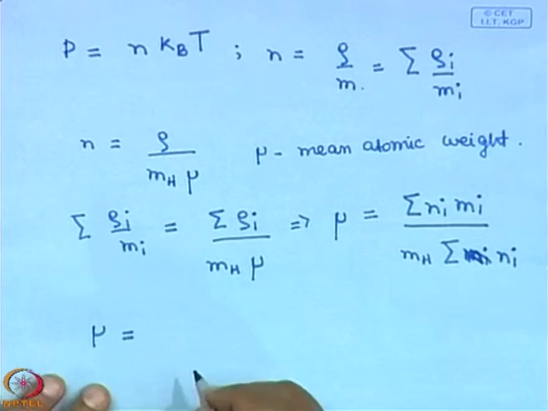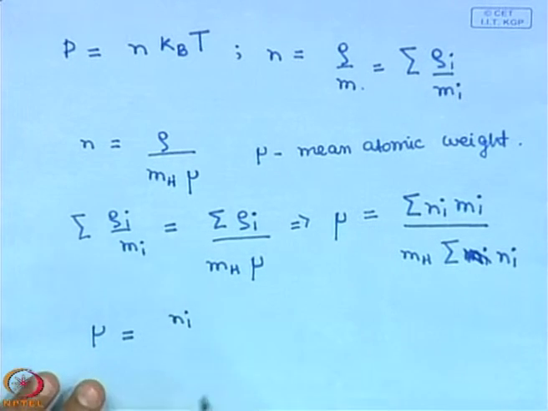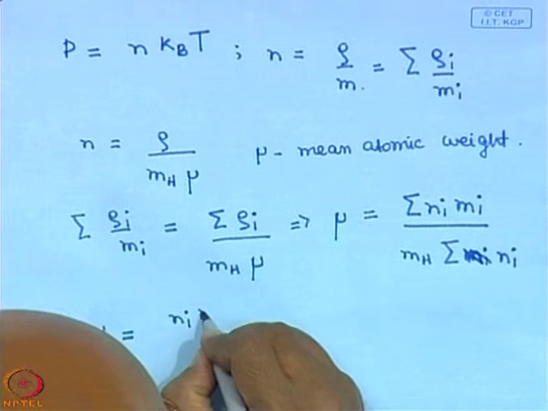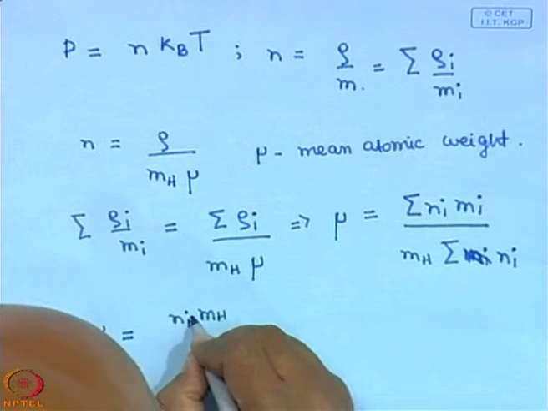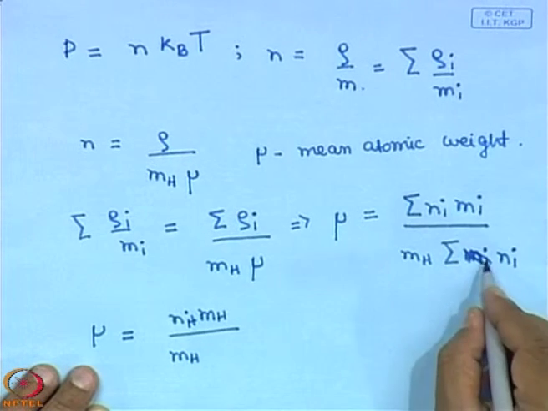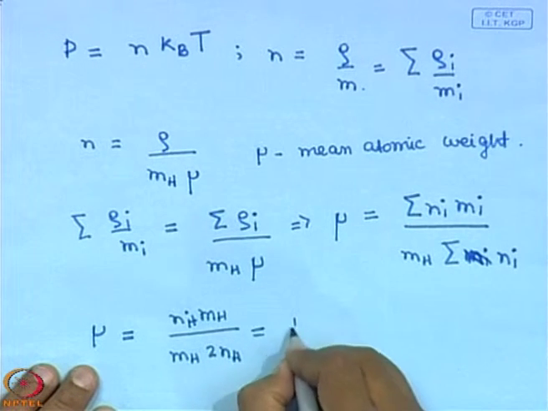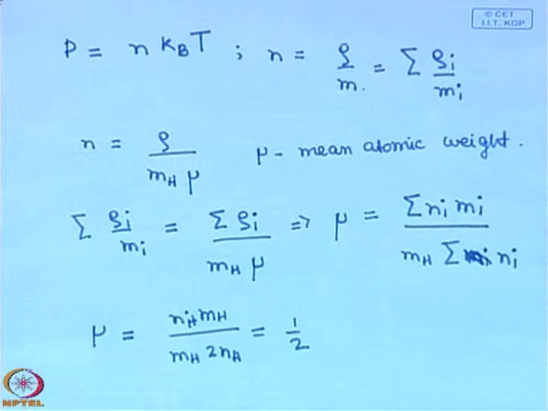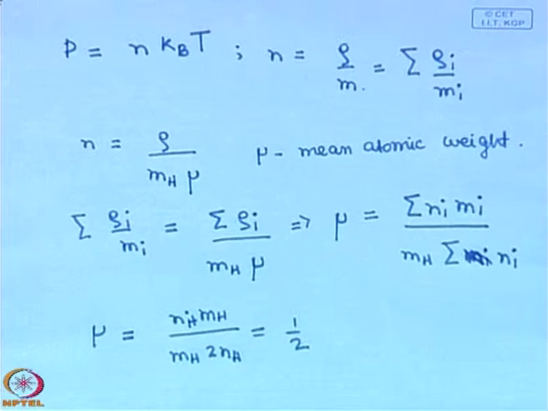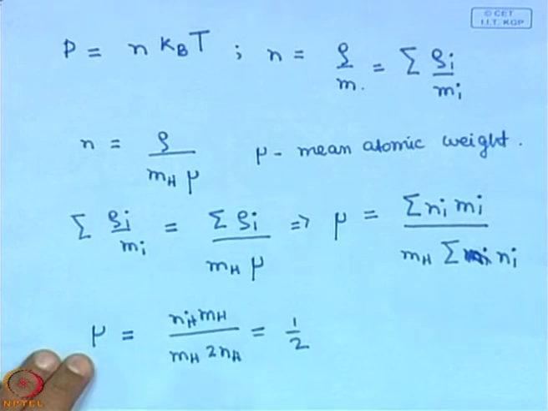So the numerator is essentially N_H, where N_H is the number density of say protons, into the mass of the hydrogen atom m_H, the denominator is m_H, and here the electron and the proton density are same. So we have 2 N_H. So this comes out to be equal to half. Okay. So for ionized hydrogen this is half. If you put in a fraction of helium, then it will get somewhat modified. Okay. The mean atomic weight for ionized hydrogen is half. So we can use this.